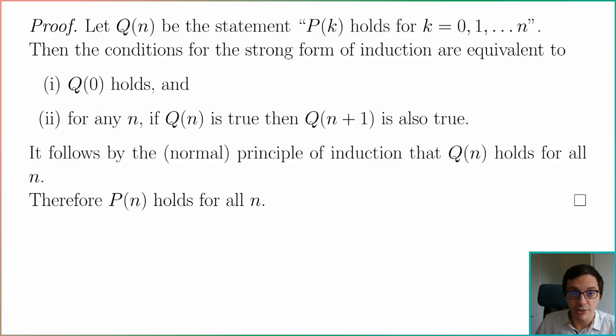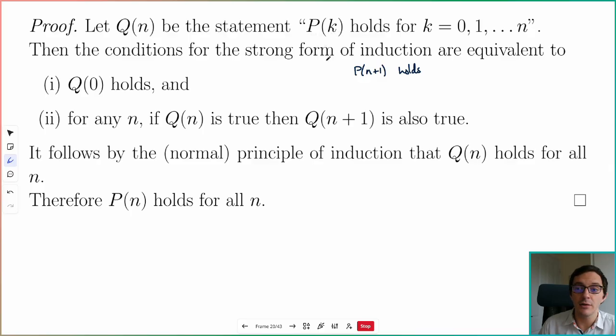In strong induction, we're assuming that if Pk holds for all of these, then Pn plus 1 holds. So from here, we get that Pn plus 1 holds using the hypothesis in strong induction.